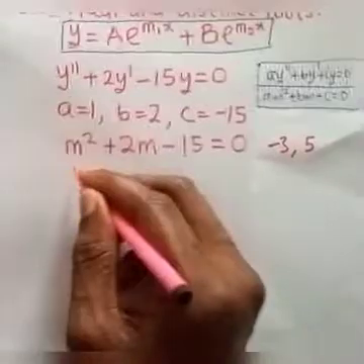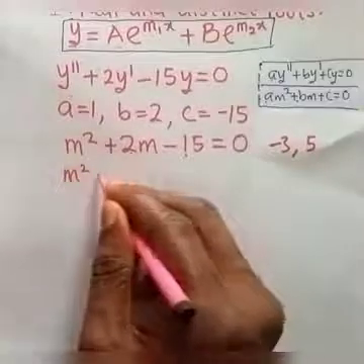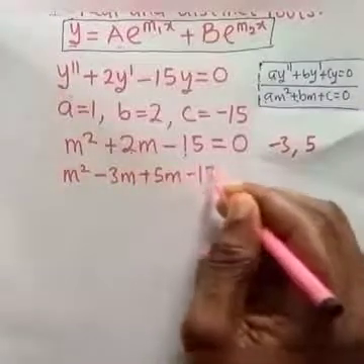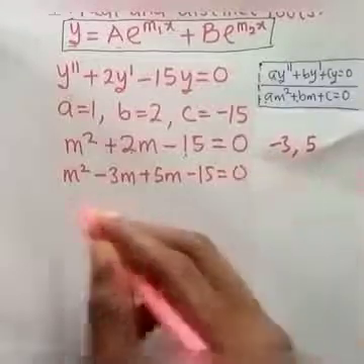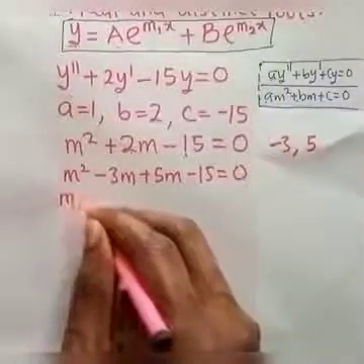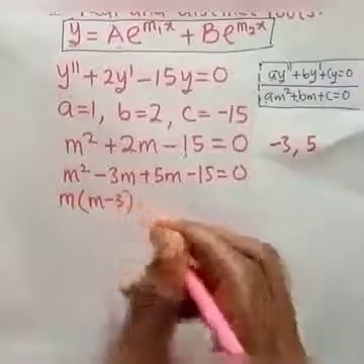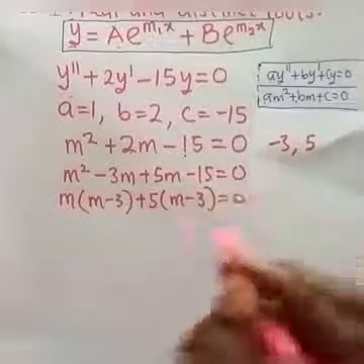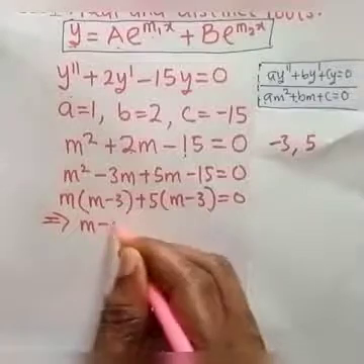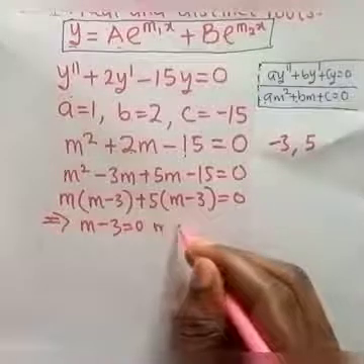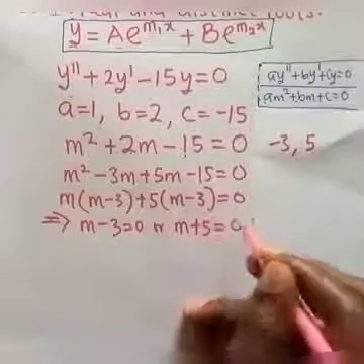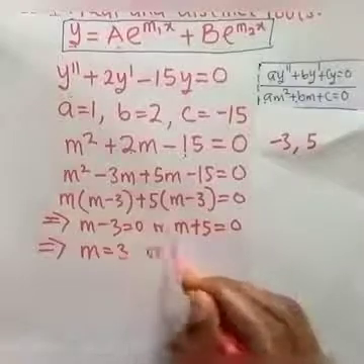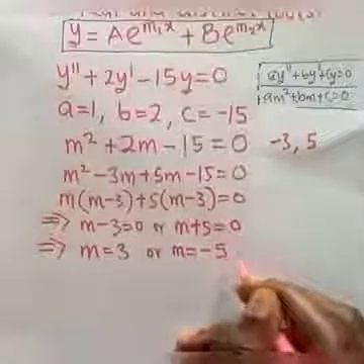So we have m² - 3m + 5m - 15 = 0. If we factorize this, we have (m - 3)(m + 5) = 0. This implies that m - 3 = 0 or m + 5 = 0, and so m = 3 or m = -5.